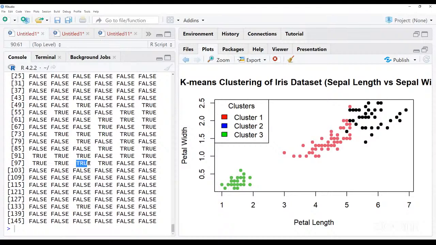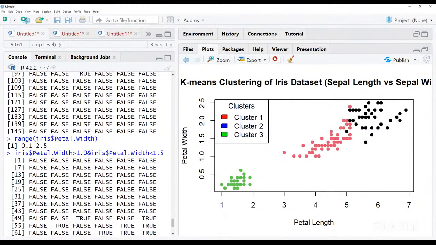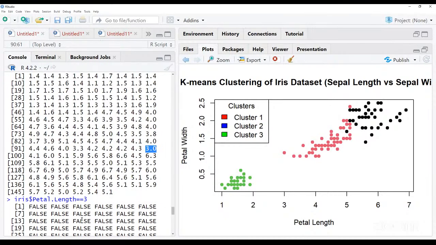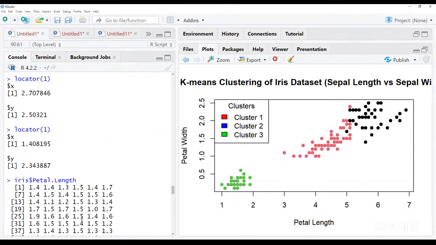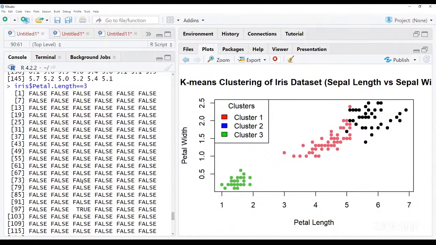Yes, sir. 99 is also there. Okay. That means that is the data. Okay, Shoma, you got it? No, sir. In this manner, we have to find out. So that means we are going to search whether that point exists or not. So we have to write in this manner.